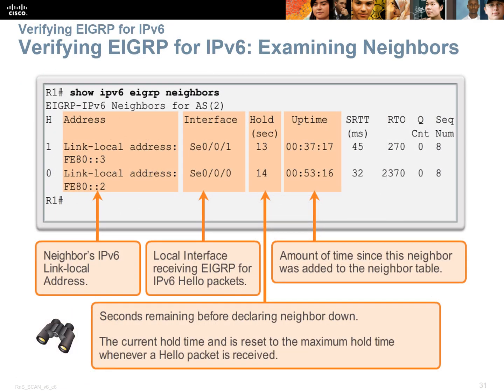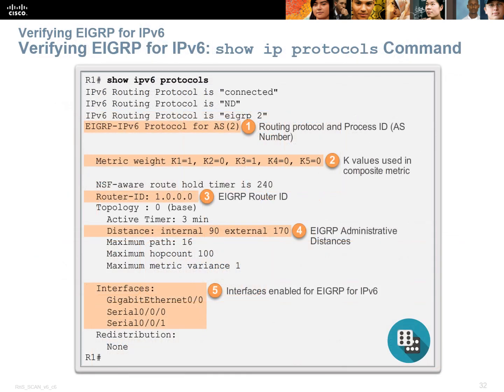Same thing for the neighbor table. Show ipv6 eigrp neighbors. Exactly the same. These are my neighbors. These are the interfaces. This is how long I've known them for. Exactly the same command. Nothing special about it at all. Show ipv6 protocols, just as useful as show ip protocols.